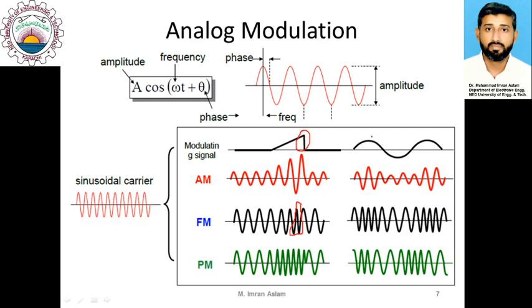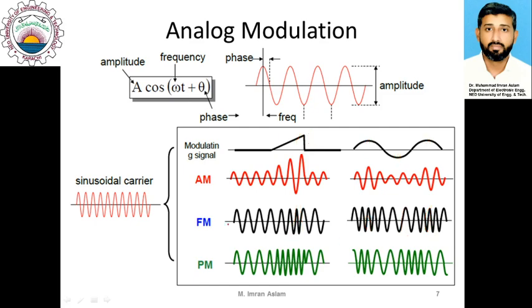Similarly, in this example of a sinusoidal function, these points represent the high amplitudes of the modulating signal, and the corresponding frequencies of the sinusoidal carrier are higher, and this point represents the low amplitude of the modulating signal. So the corresponding point in the sinusoidal carrier contains a relatively lower frequency.